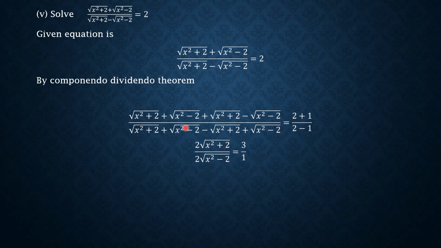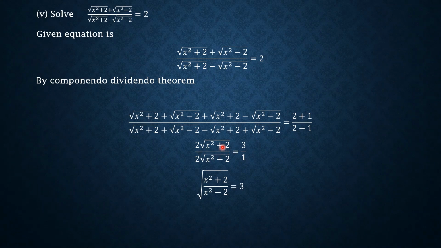So as you all know that the terms with same sign will be added and the terms with opposite sign will be cancelled by each other in numerator and denominator. So we have the resulting fraction as 2 into square root of x square plus 2 divided by 2 into square root of x square minus 2 equal to 2 plus 1 will be 3 and 2 minus 1 will be 1. So 2 is cancelled by 2.